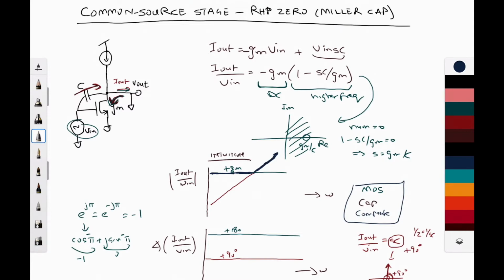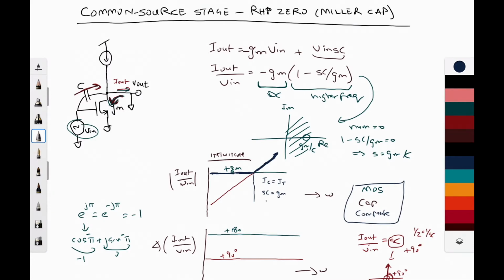Well, what is this? It's a zero, right? And what is the zero frequency? As a rule, all poles and zeros occur when different quantities become comparable. So in this particular case, the current contribution from the cap would be equal to the current contribution from the transistor, which means that sC would be equal to gm.